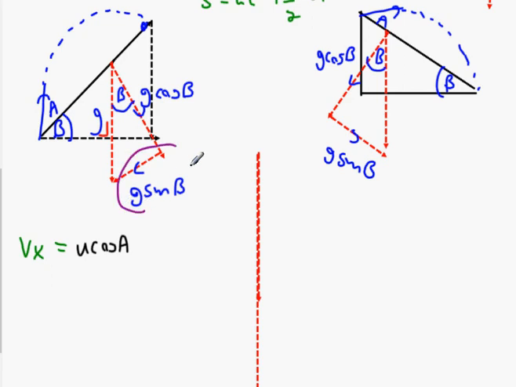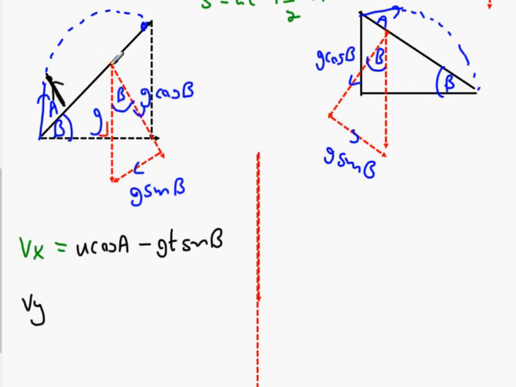Anybody? g sin b. Why is g sin b slowing it down? It's the part of the gravity that's in exactly the same direction, but going in the opposite direction. So remember, it's u plus at, and you're taking away, so it's minus gt sin b.